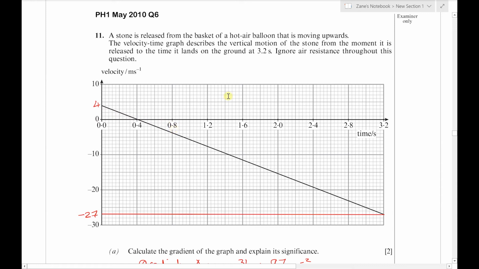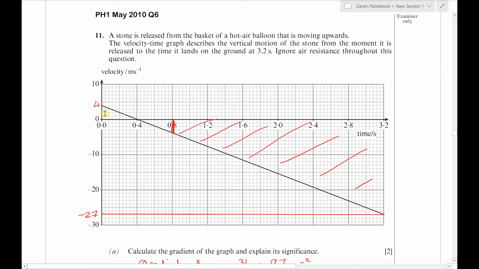So at 0.8 seconds it's back at its original height. So if we find the area from 0.8 seconds till the end of the graph, remembering that the area under a velocity time graph represents displacement, then we have the distance that the stone has fallen from its original height all the way down to the ground.